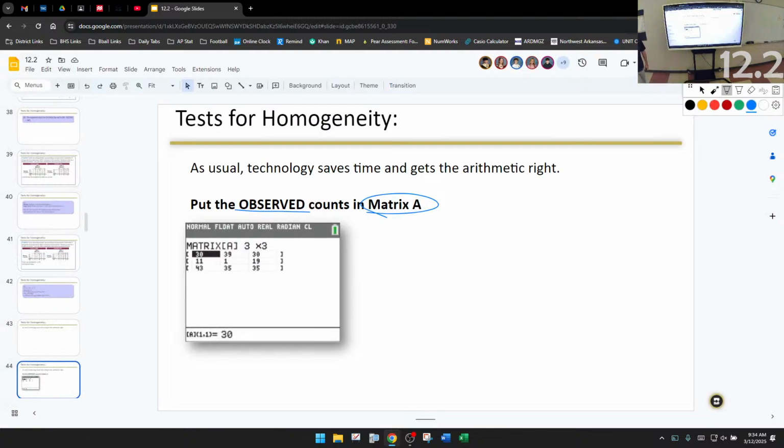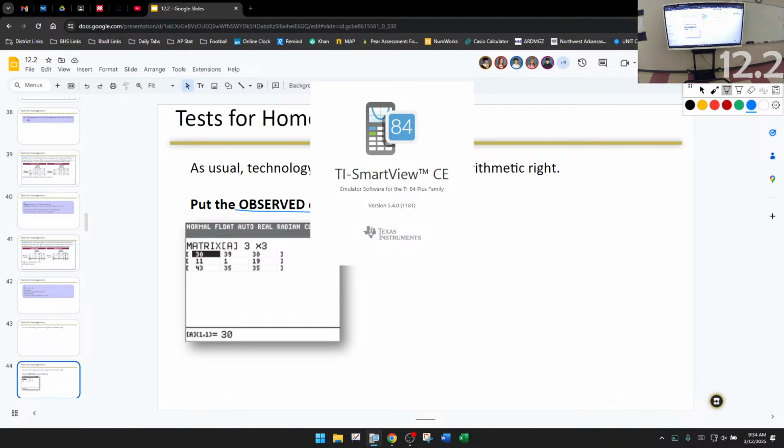You have to put these in a matrix, because that's the only way to get rows and columns. For GOF, you can only get rows. You can't get columns.